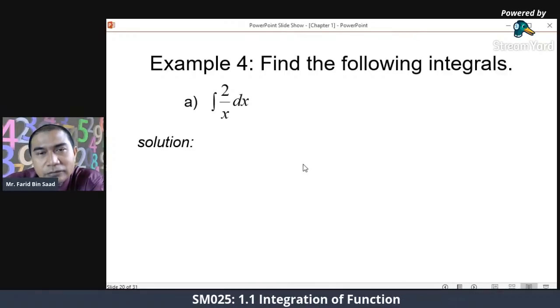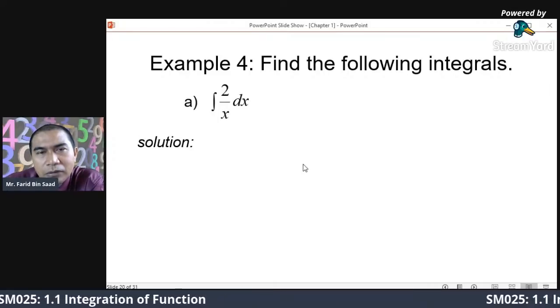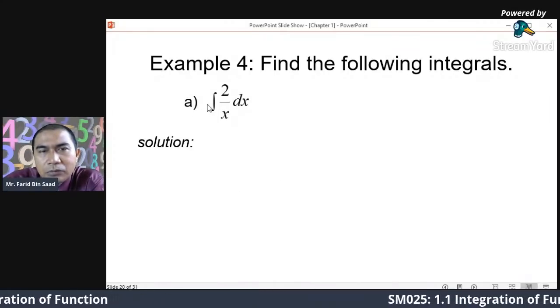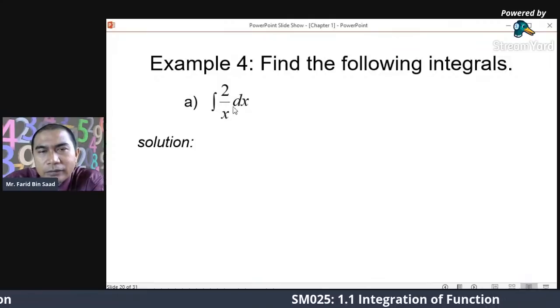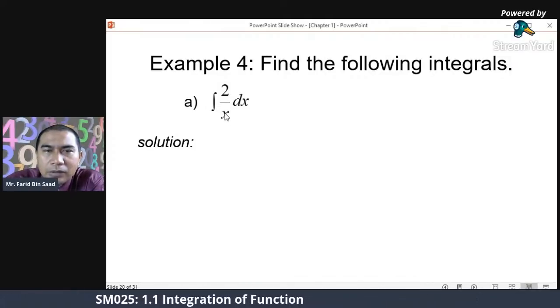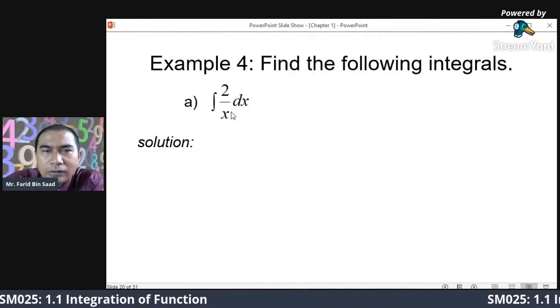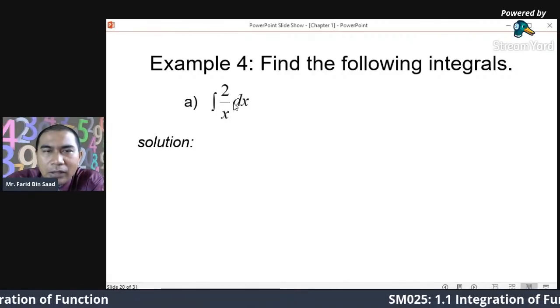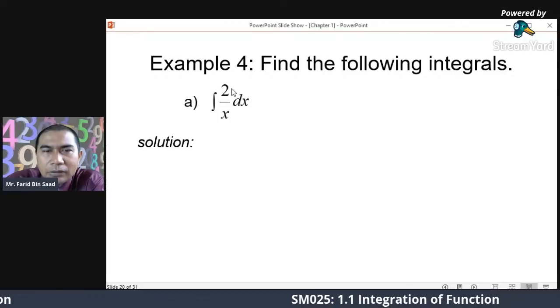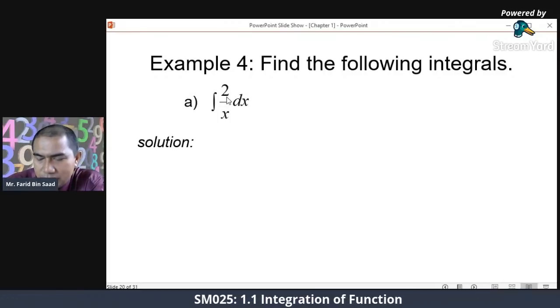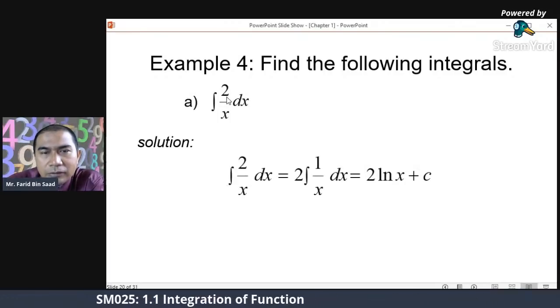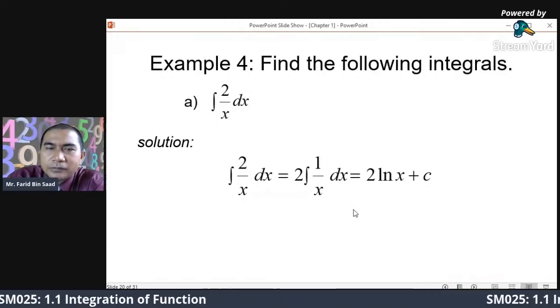First, we have to bring out 2 in front of the integral symbol. That means to integrate 1 over x. And then when we bring up, x becomes x power of negative 1. That means we have power minus 1. Here is the answer.